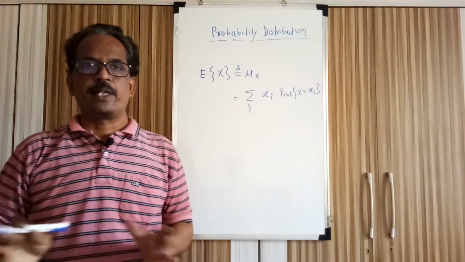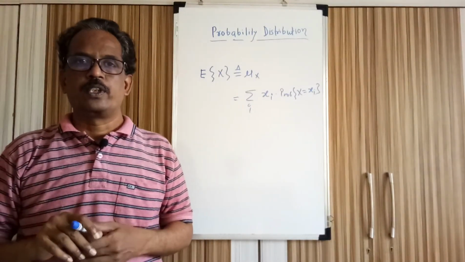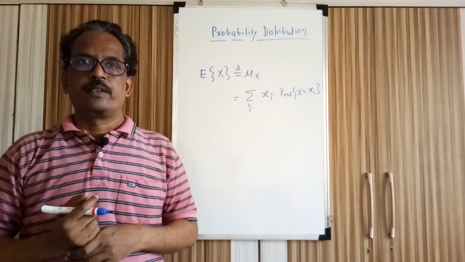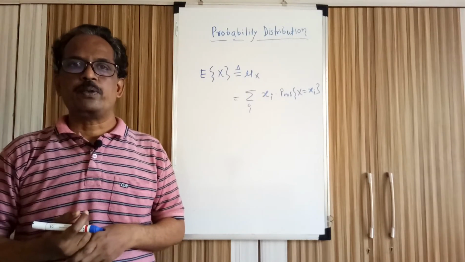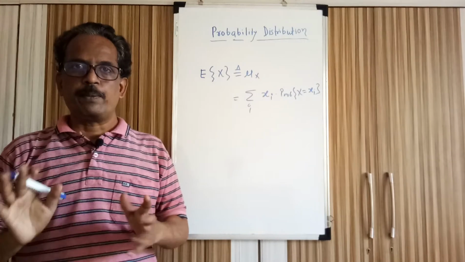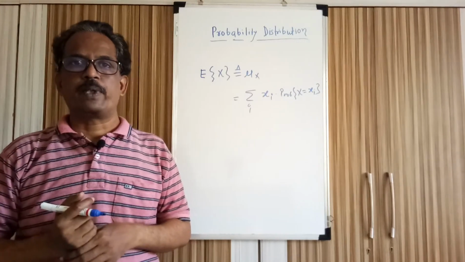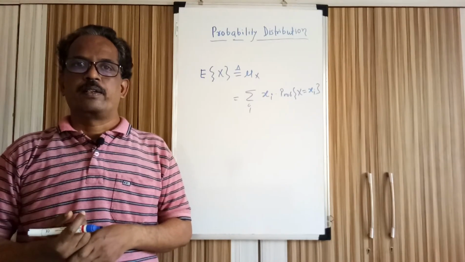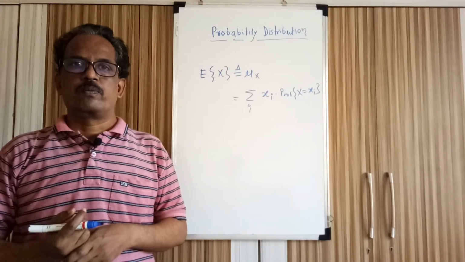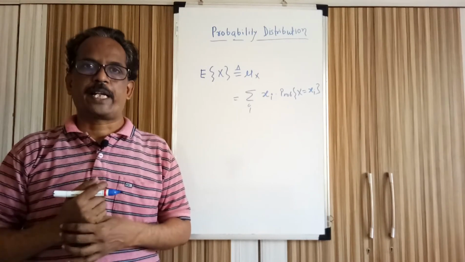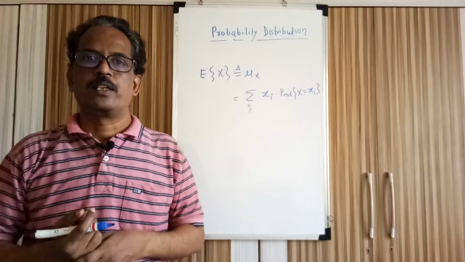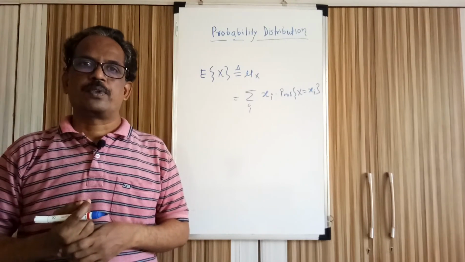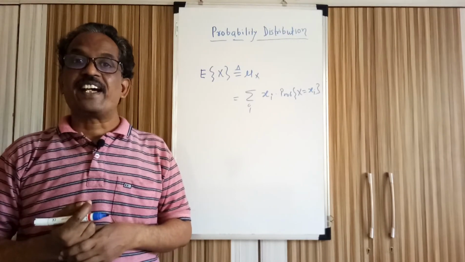Right? We know that a random variable is a mapping from the sample space to the real line. Though the name is random variable, it is not random. But the arguments of the mapping, or we can say the outcomes of the experiments, are random in nature.